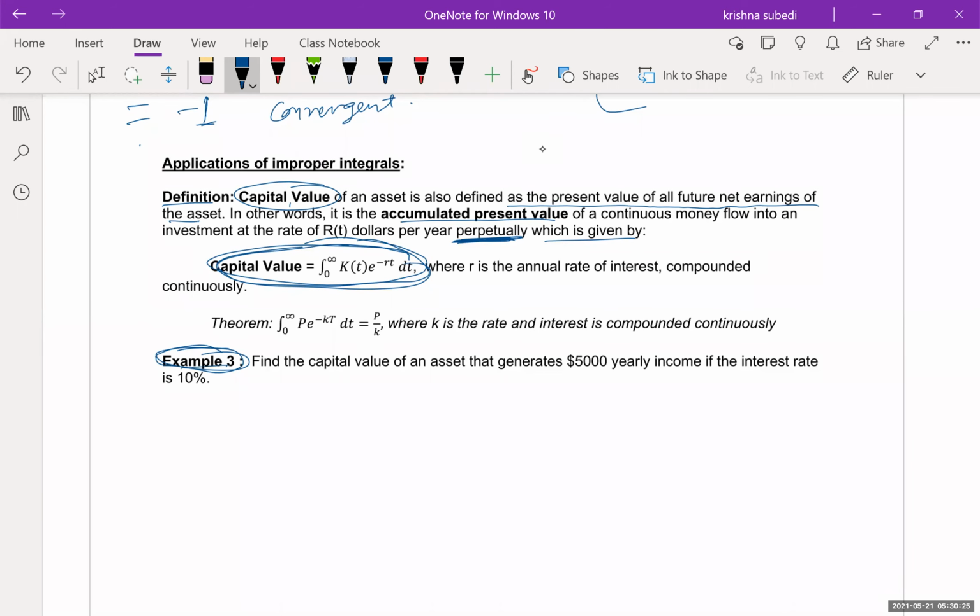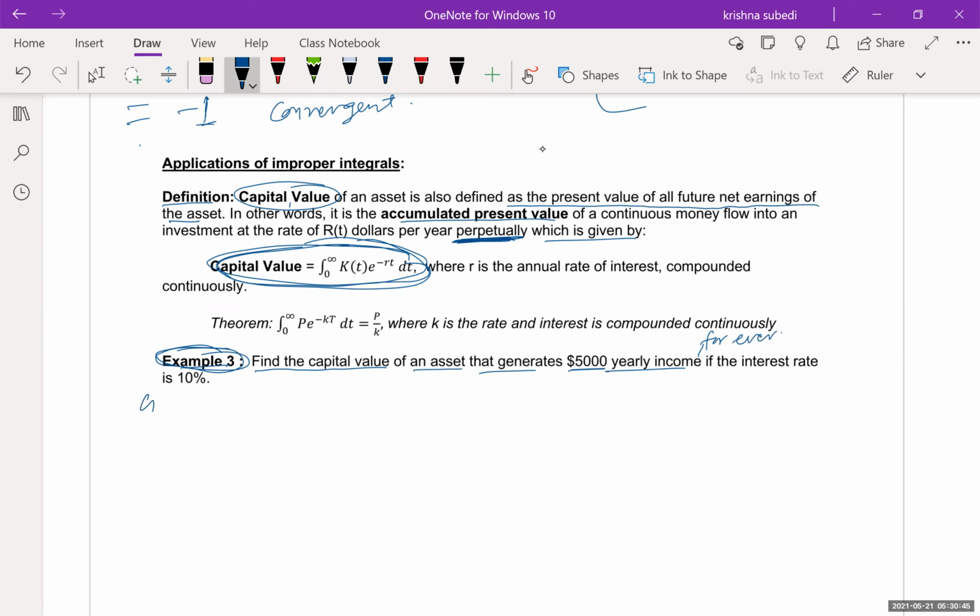Now in this example, what is given? Find the capital value of an asset that generates $5,000 yearly income forever, if the interest rate is 10%. Maybe I should have added that word, forever.